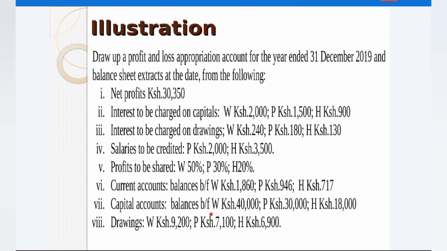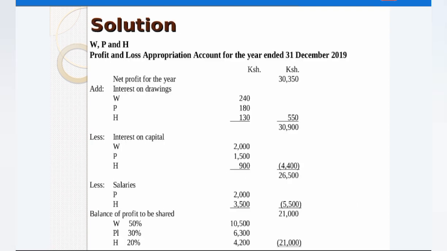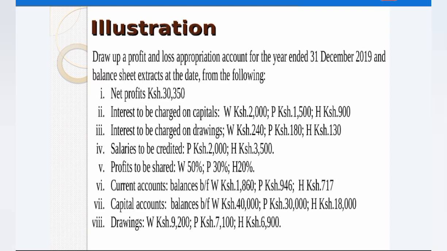Then the capital accounts, the balances that are brought forward, 40,000 for W, 30,000 for P, and 18,000 for H. Then the drawings for W, 9,200, P, 7,100, and H, 6,900. So that is the information we are given. So we are supposed to prepare, number 1, an appropriation account, and number 2, a balance sheet.